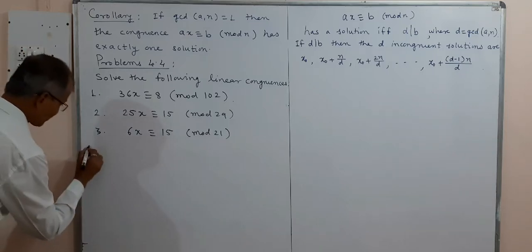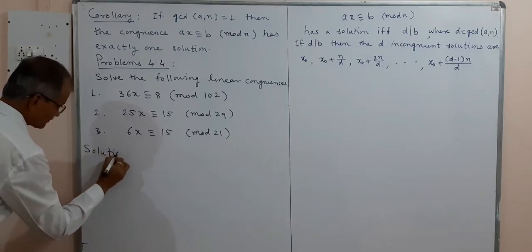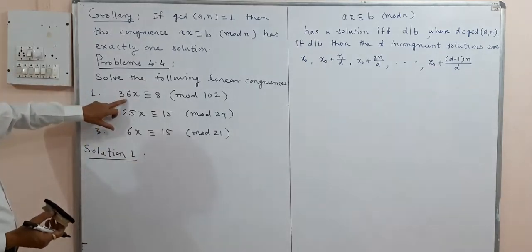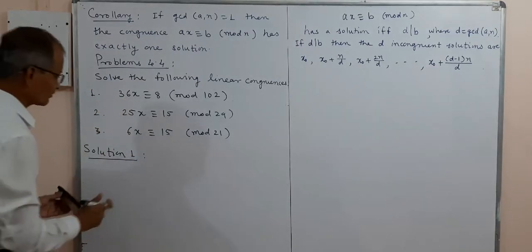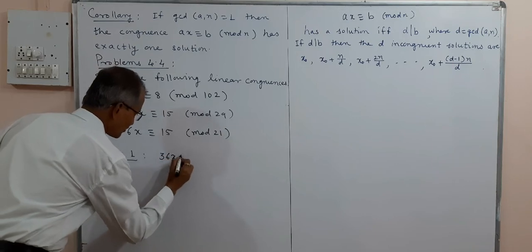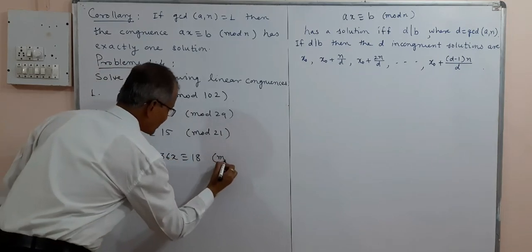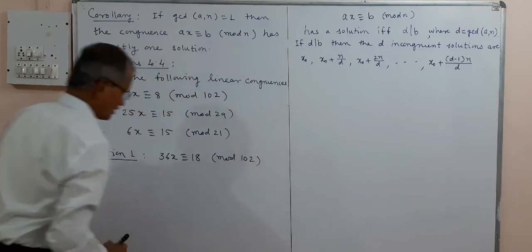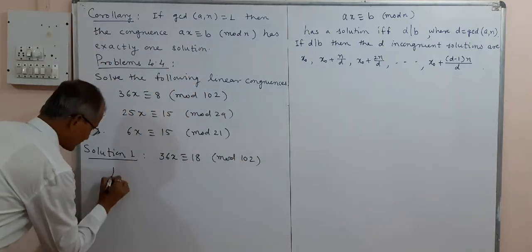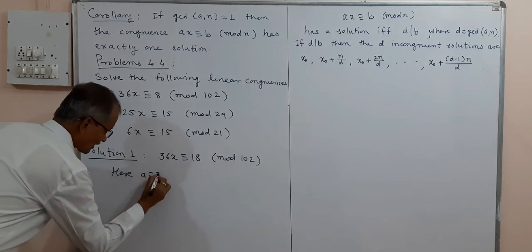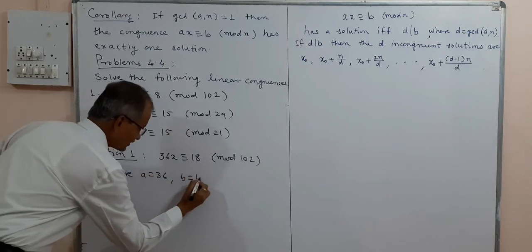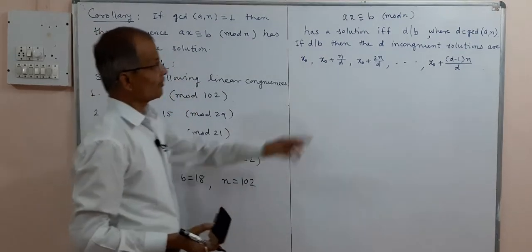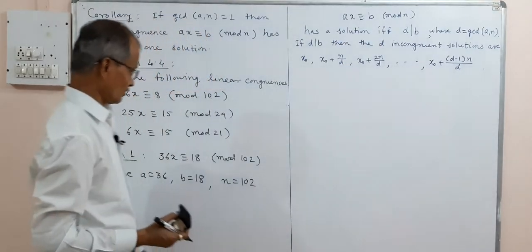Now consider the solution for the first. Now we should compare this congruence. The given congruence is 36x ≡ 18 (mod 102). So here the value of a is 36, b is 18 and n is 102, comparing with ax ≡ b (mod n).